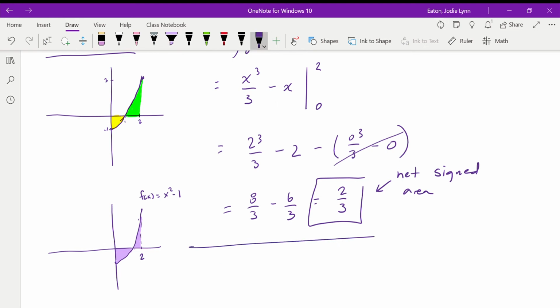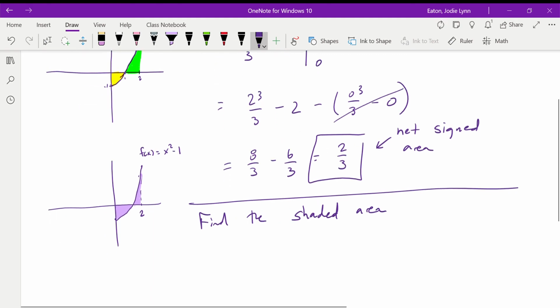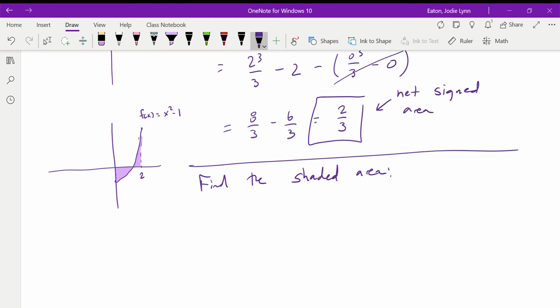Instead of just finding the net signed area, I want to find the shaded area. Okay, so remember, our integral is going to treat any area that's below the x-axis as negative, and any area that's above the x-axis is positive.